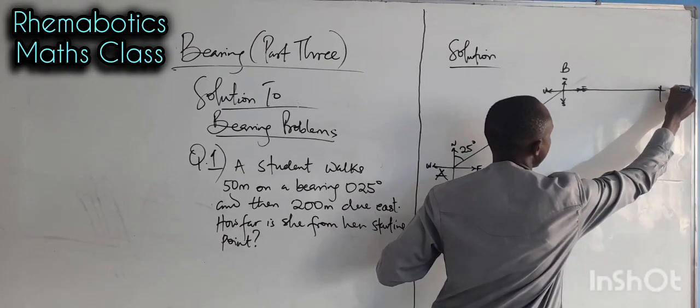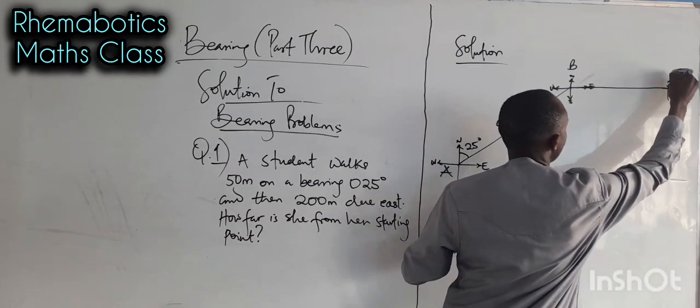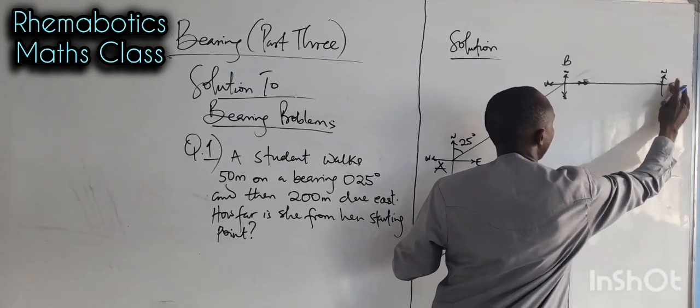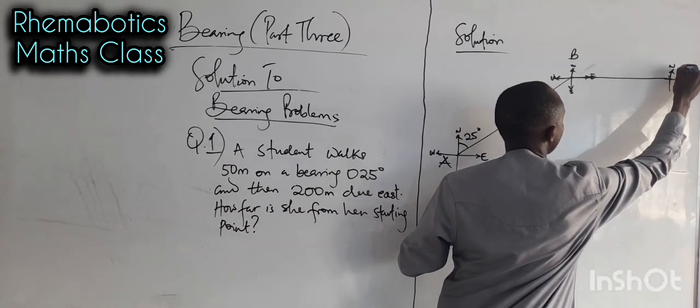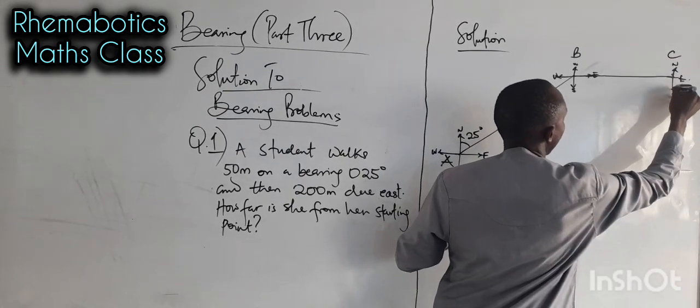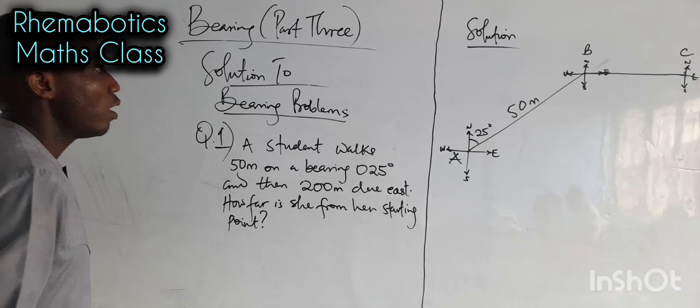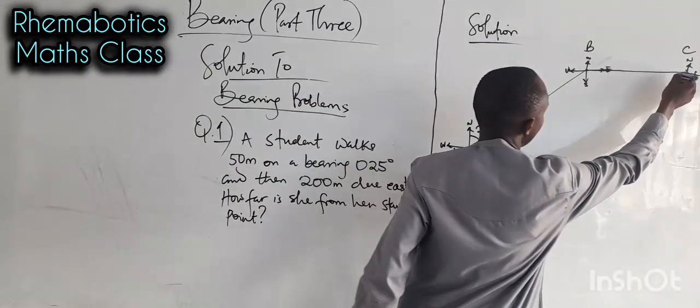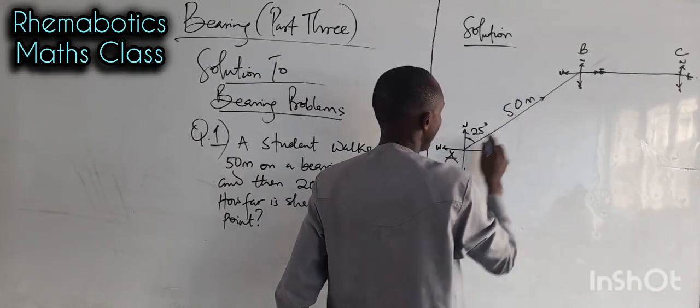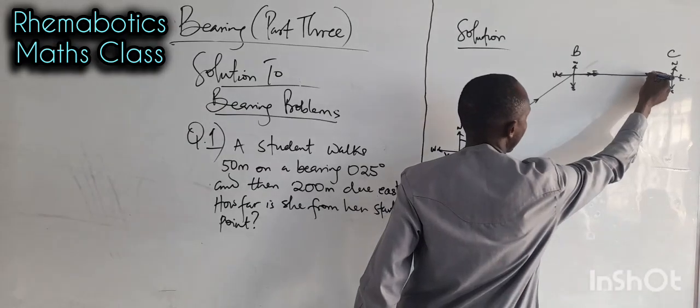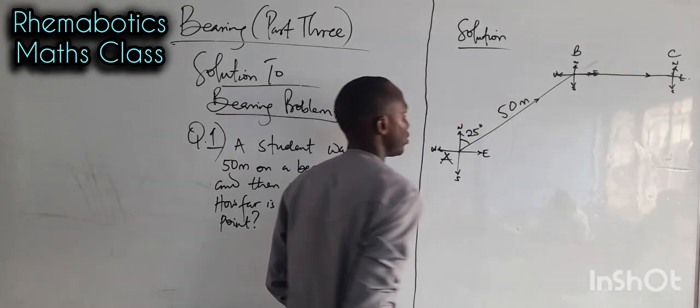So this is point what? C. We still have our north, we still have our east, this point C, and we have our south. Don't forget, the journey is from here and in this direction, and this is the final point.